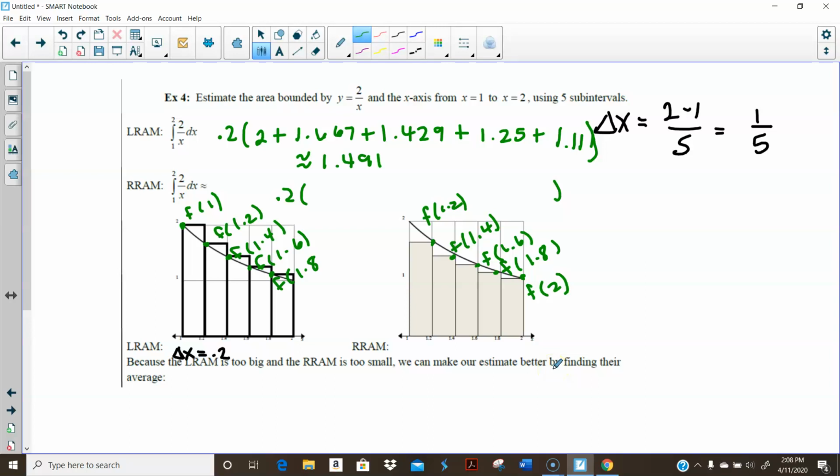And so I'll stop the video and do that again quickly. Again, how do I find f of 1.2? I take 1.2, I plug it in for x, so 2 divided by 1.2 is what the height of this is going to be.